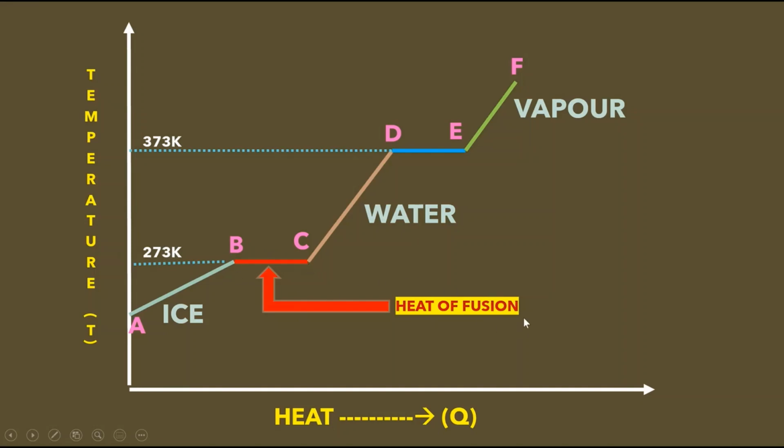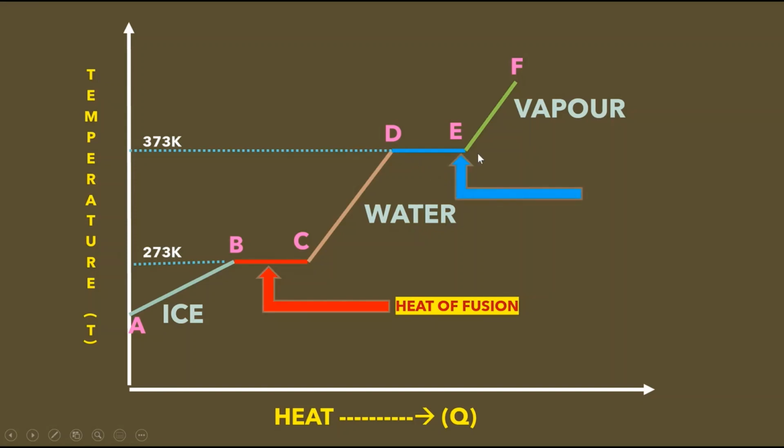So it is fusing. So the heat of fusion is the heat required, or the heat that needs to be removed from the system, to convert it to a solid state. Because in this direction we need to remove the heat, and in this direction it is the addition of heat.